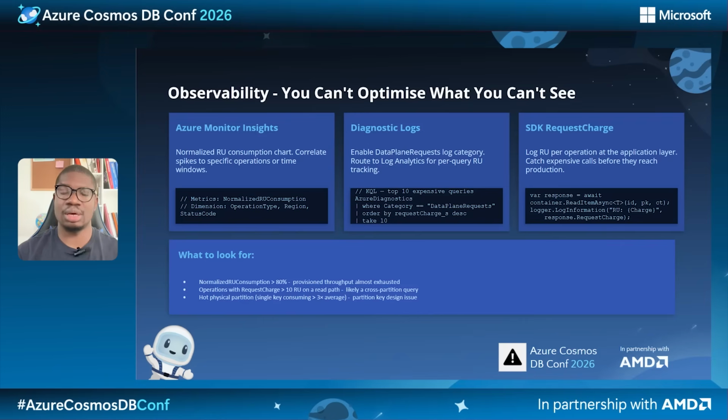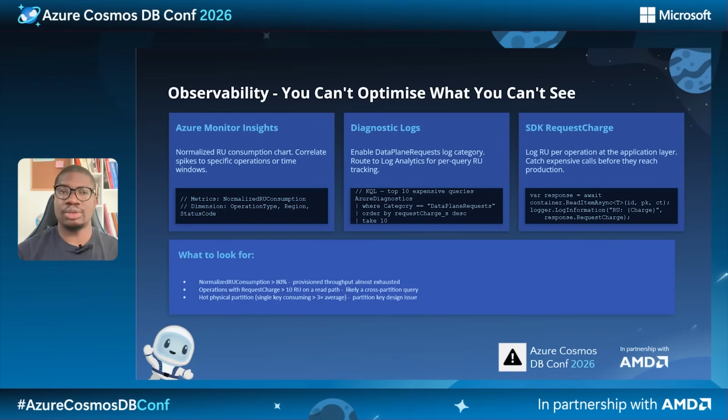This is where your KQL query on this slide becomes your first line of investigation, like your top 10 expensive queries ordered by request charge. And then finally, request charge logging at the SDK level, logging the charge of every operation in the application layer so that you can catch expensive patterns before they reach production.